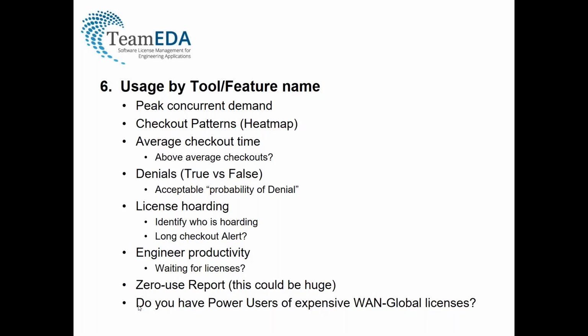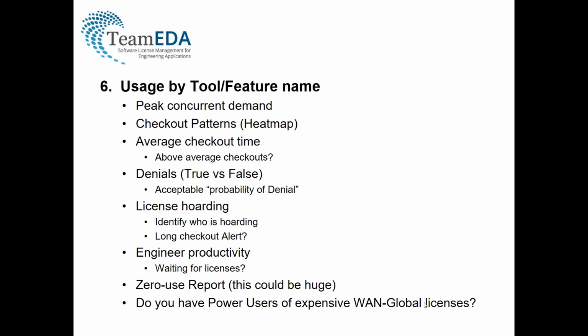Another factor might be, do you have power users? Do you have users that are tying up a very expensive WAN license? So in the world of floating license costs or pricing, the most expensive license that you can get is a wide area network global license. Anybody in the world can use it. That's going to be the most expensive license you can get.